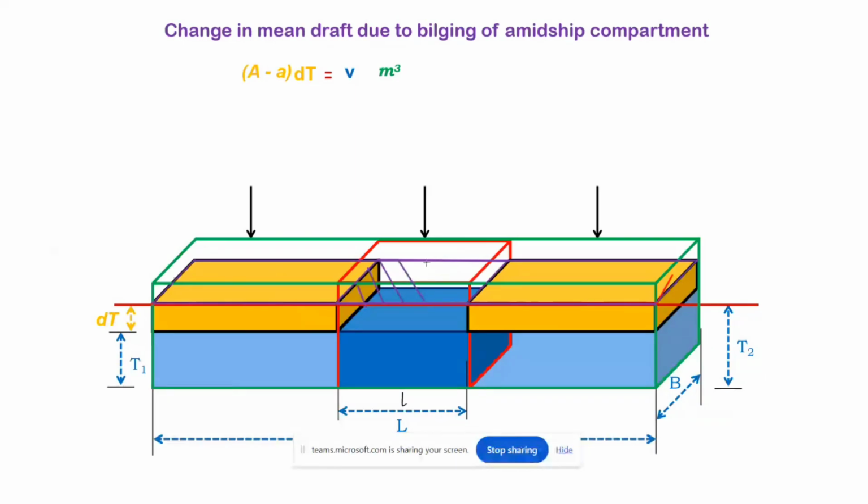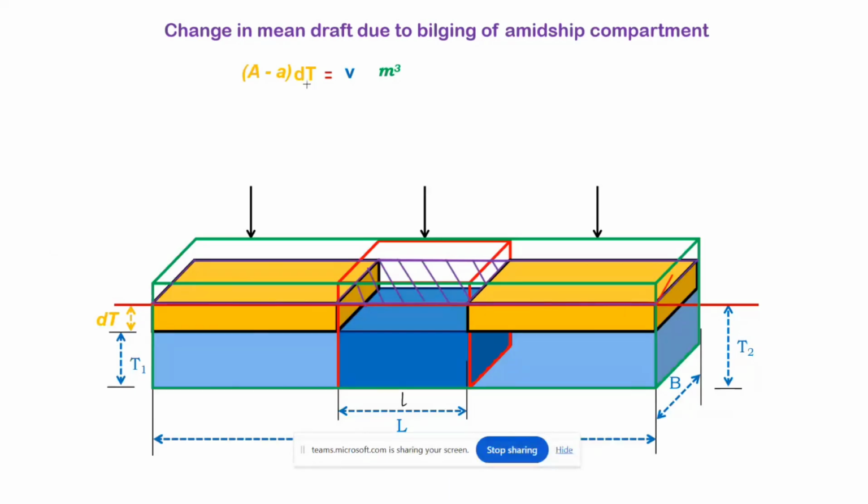When I subtract this area from the total area, capital A, which is length into breadth, capital L into capital B, what I get is just the intact water plane area, the area you can find in the yellowish part. So A minus a is the intact water plane area.